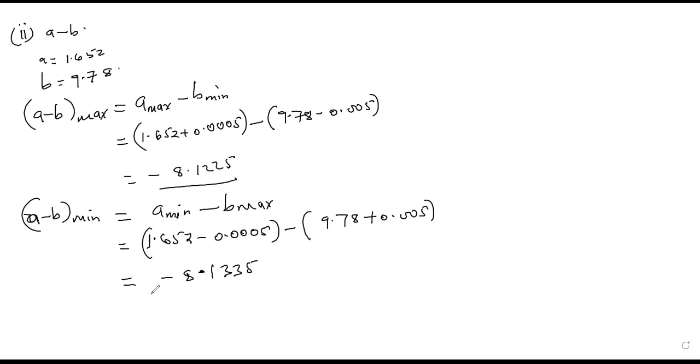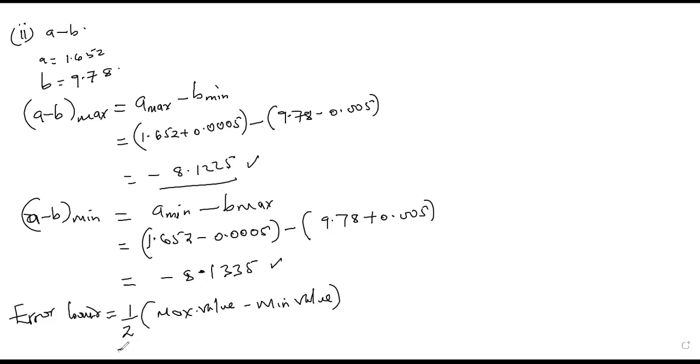So here what you do, after getting the maximum values and the minimum values, you go ahead to get the error bound. Remember, we said that the error bound is the half of maximum value minus minimum value.